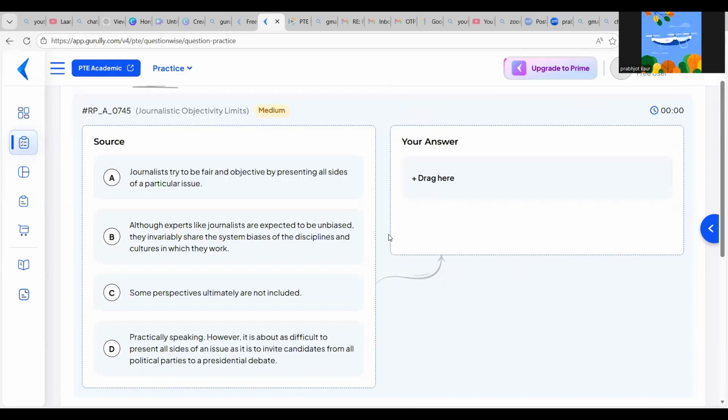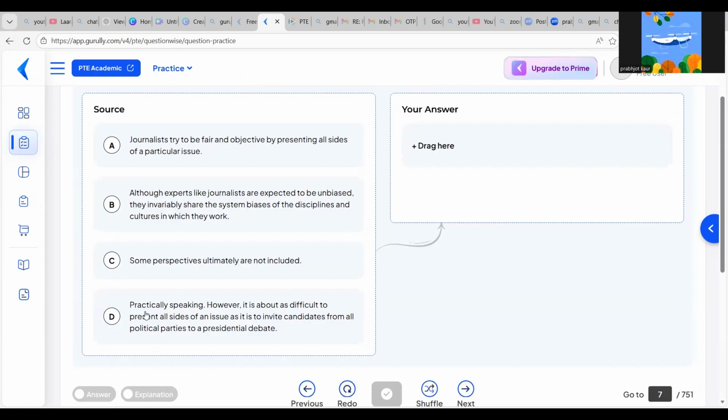Next. Although experts like journalists are expected to be unbiased, they invariably share the systemic biases of the disciplines and the cultures in which they work.